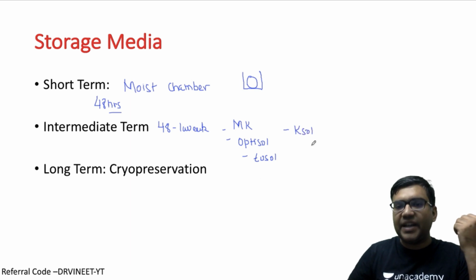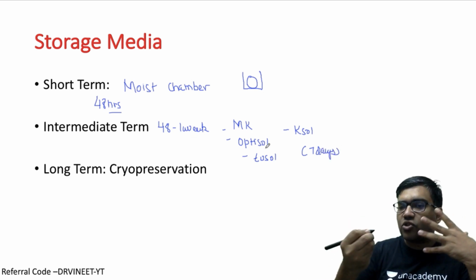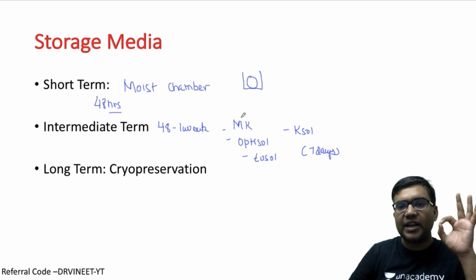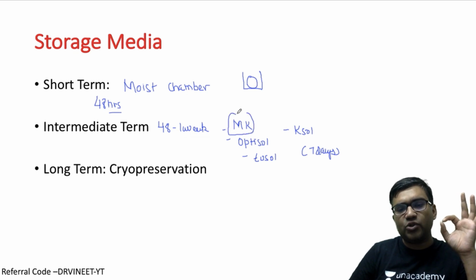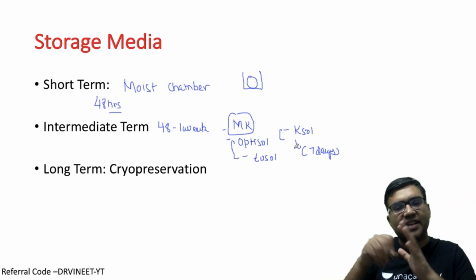So in these media, you can put the eye for even 7 days. Okay, so there are various constituents which basically preserve the cornea. The MK, you have to use it within 3 to 4 days. With the Optisol, Usol and Ksol, you can even keep it for 7 days.